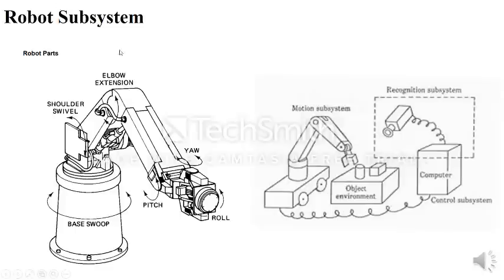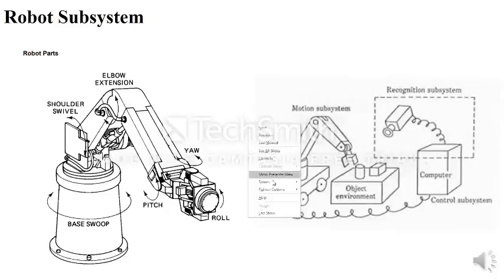Then coming to robot subsystems, now we know what robots are. Any industrial robot will have these types of subsystems. See, it is like a human. It is the base, wrist, shoulder, this is the upper shoulder, and this is the lower arm, and this is your wrist.